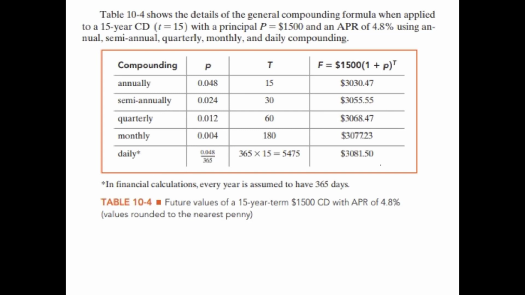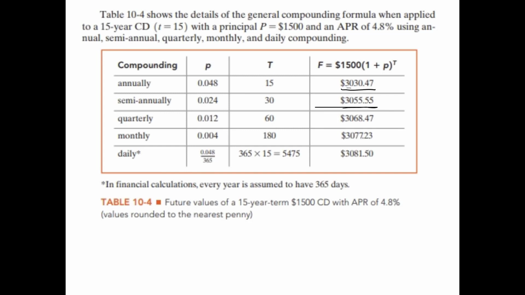Right? So if we just did this once a year, after 15 years, we'd end up with $3,030.47. By doing it twice a year, we up the amount by roughly 25 bucks, right? We end up at $3,055.55.